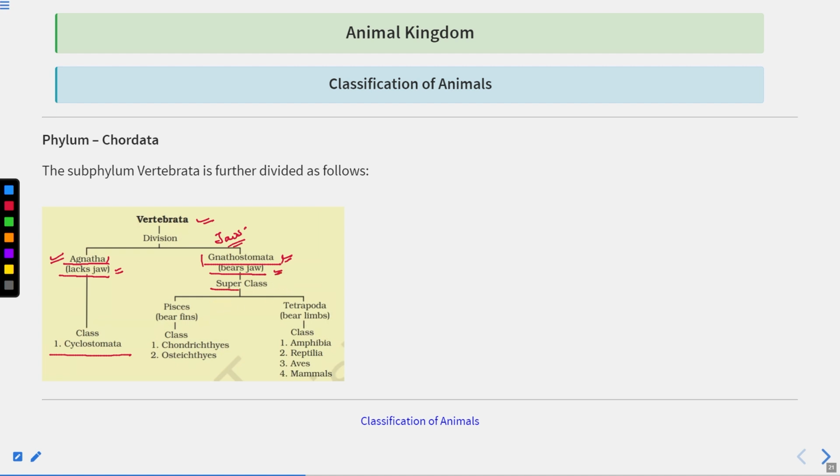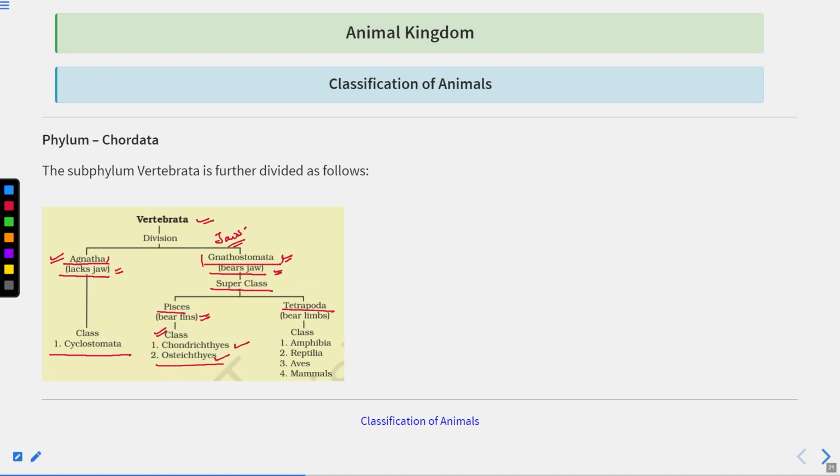Gnathostomata can be divided into two superclasses, Pisces and Tetrapoda. Pisces bear fins, as you see in the case of fishes. Pisces have two classes, Chondrichthyes and Osteichthyes.